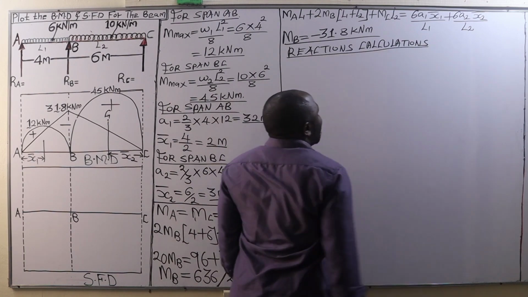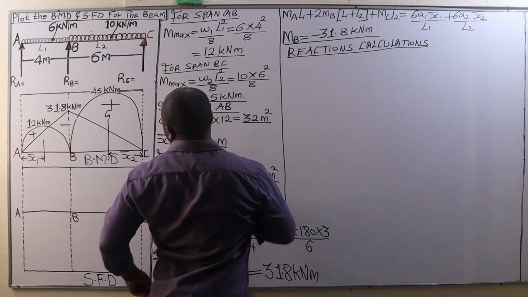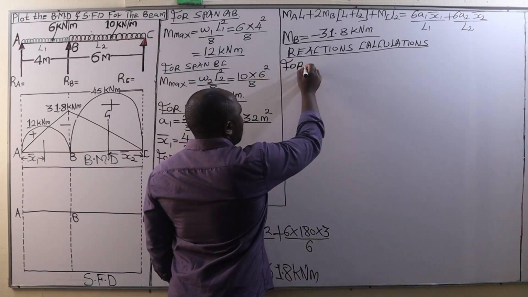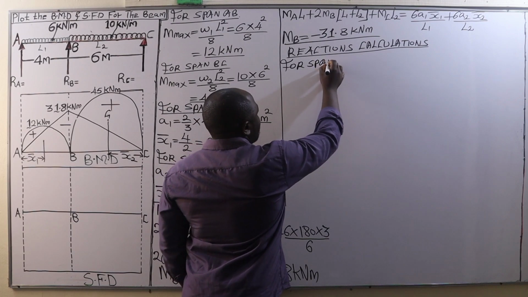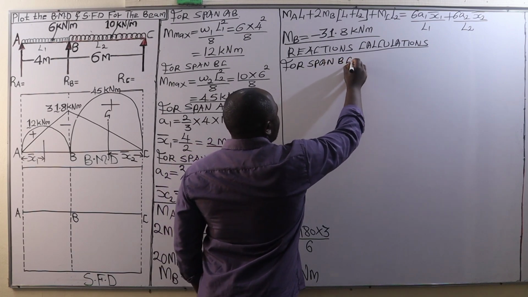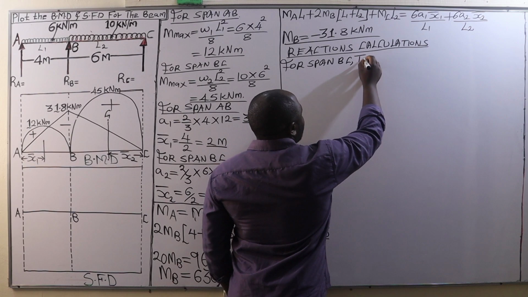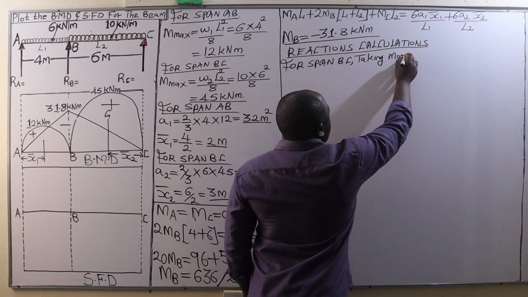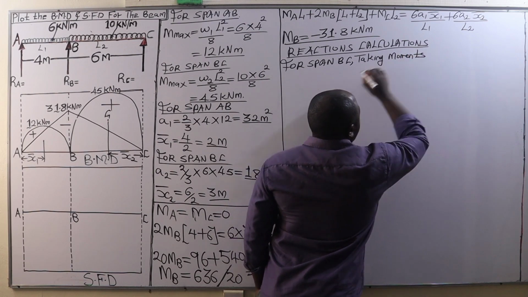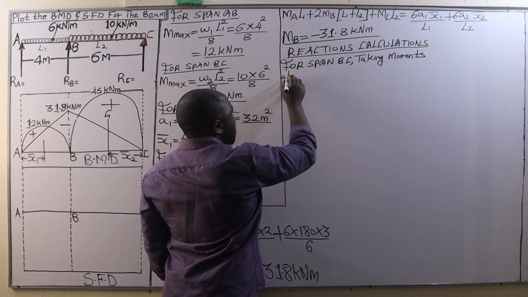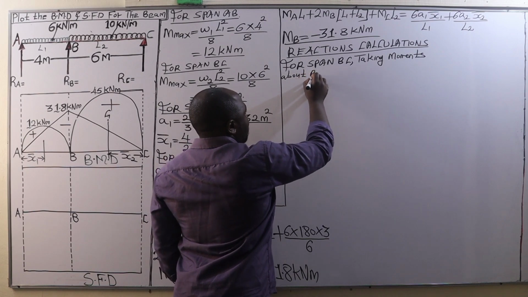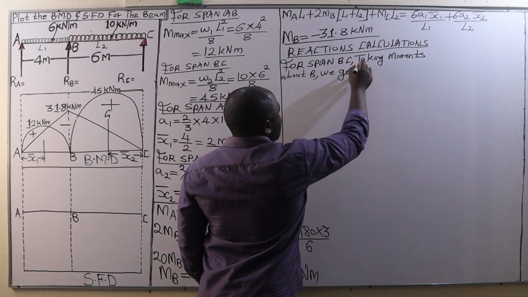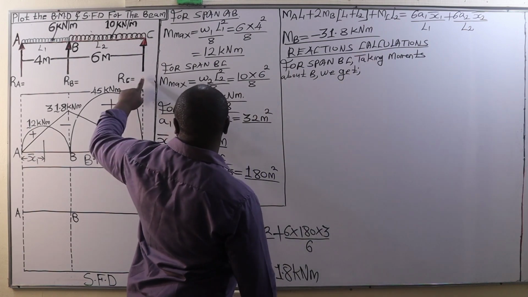Reactions calculations. In this case, we are going to begin with the span BC. So for span B to C, taking moments about support B, we are going to get RC.